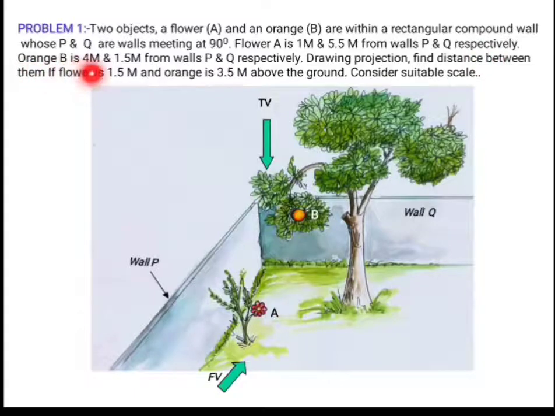Orange B is 4 meter and 1.5 meter from walls P and Q respectively. Drawing projection, find distance between them if flower is 1.5 meter and orange is 3.5 meter above the ground. Consider suitable scale. Here the dimensions given are in meters, so we have to use a reduced scale for drawing this one in a piece of paper.